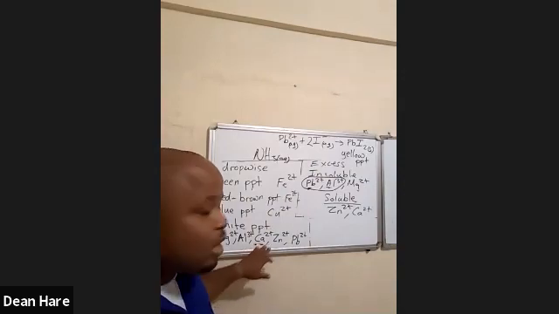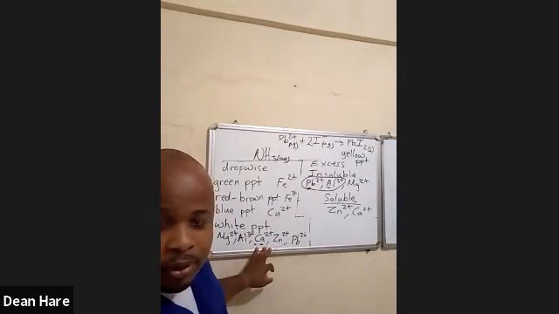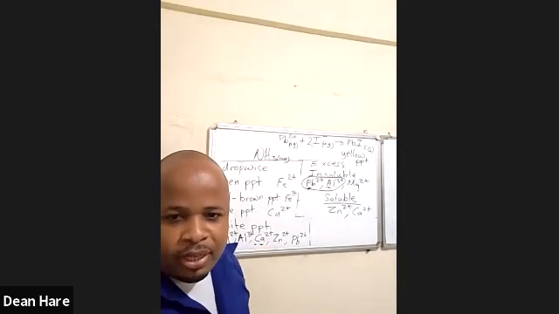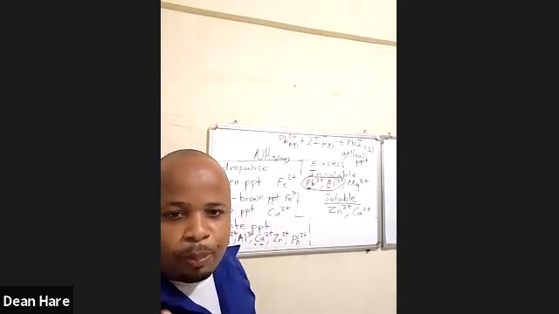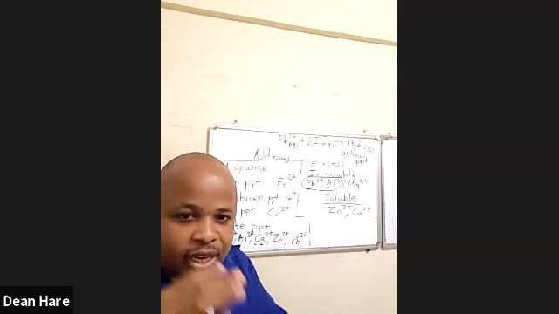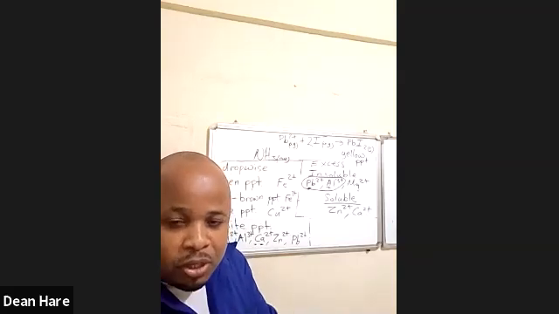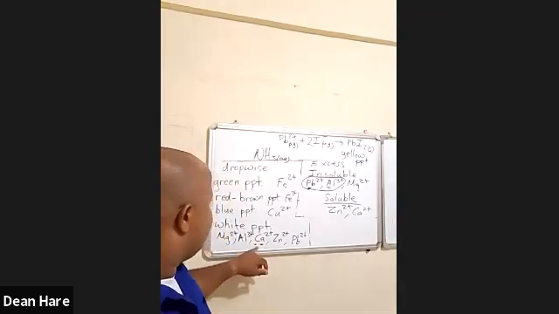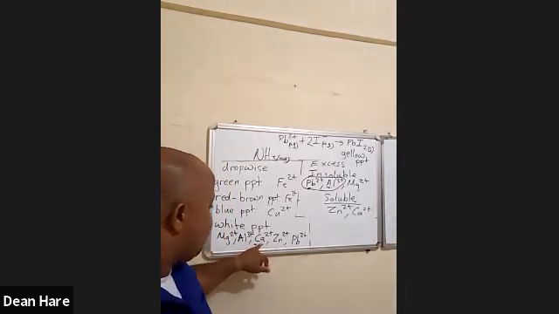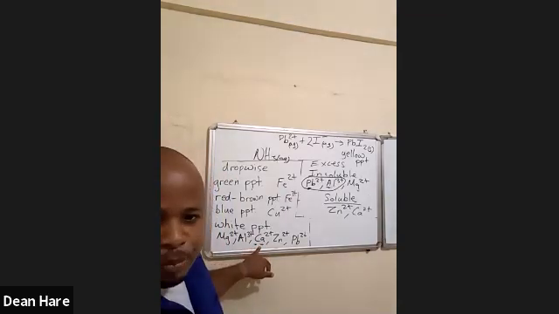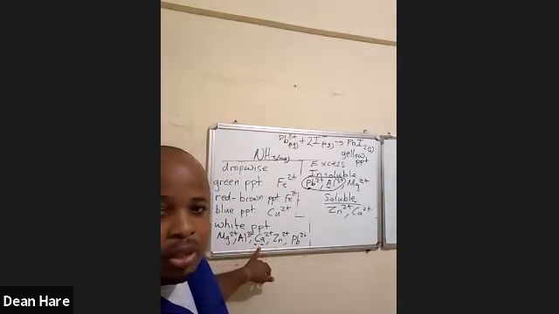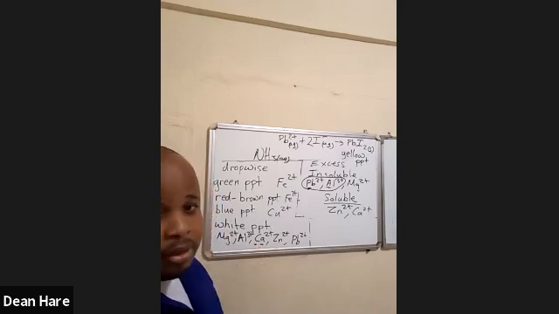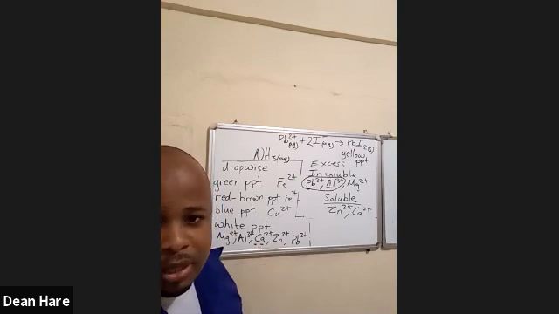Remember now, a precipitate means you are getting a solid being produced in the solution. So with ammonia, if you get a precipitate, then calcium is not present. But if you don't get one, then calcium is present.